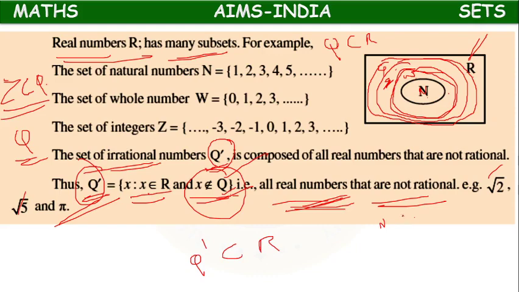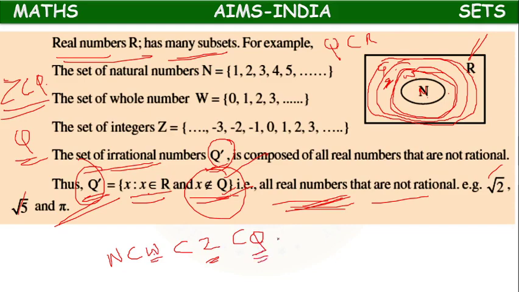So irrational numbers are also a subset of real numbers. So natural numbers subset of, one minute children. So all this combined in one equation we can write. Natural numbers subset of whole numbers. Whole numbers subset of integers. Integers subset of rational numbers. Rational numbers subset of real numbers.